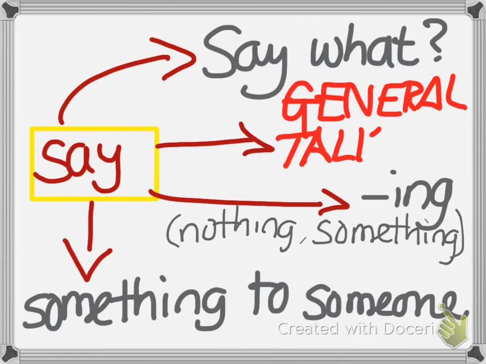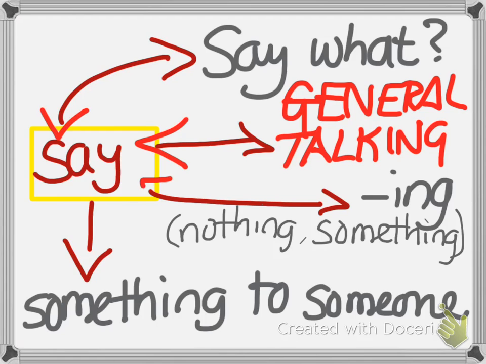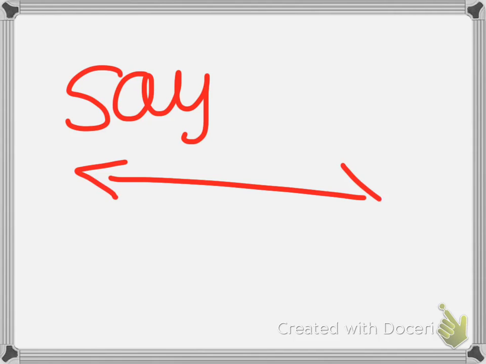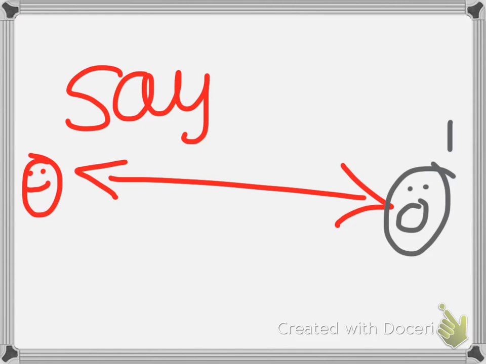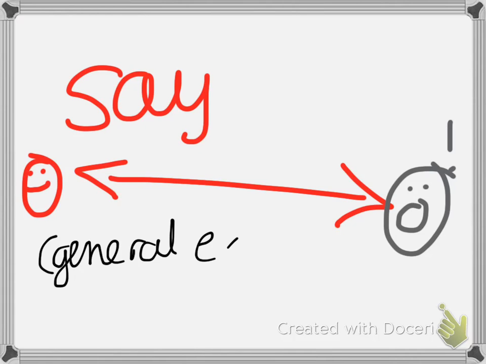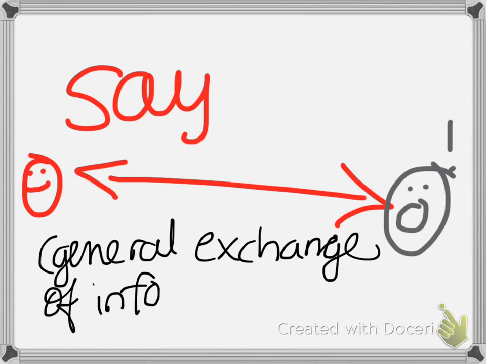And then you can also use it in general expressions like say what. So the idea of say is that it's general talking back and forth between the speaker and the listener. So to review, say is for general information and general exchange of information back and forth between the speaker and the listener.